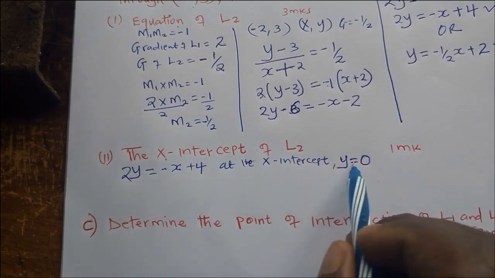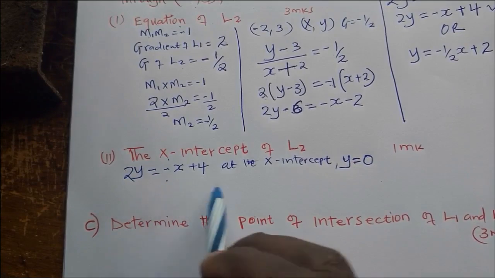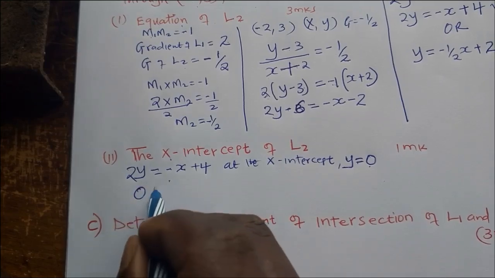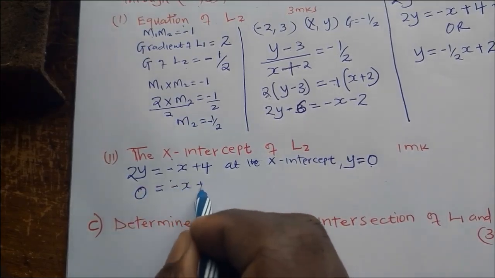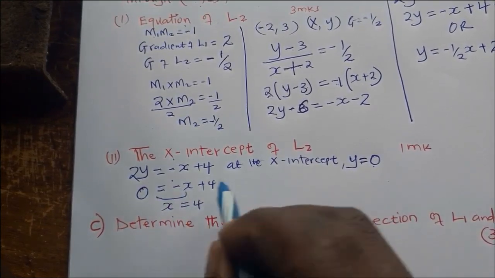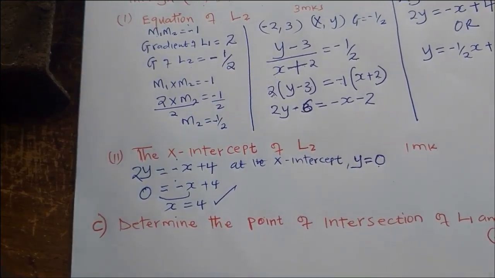So now you bring this knowledge and substitute whenever you see y in the equation, you substitute with 0. So here it is going to be 0 is equal to minus x plus 4. Bring this here, so it means x is equal to 4. So the x-intercept is equal to 4.